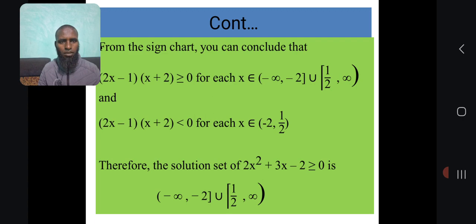Between these, it is negative. Therefore, the solution set of 2x² + 3x − 2 ≥ 0 is (−∞, −2] ∪ [1/2, ∞).